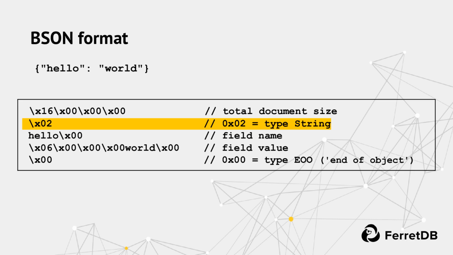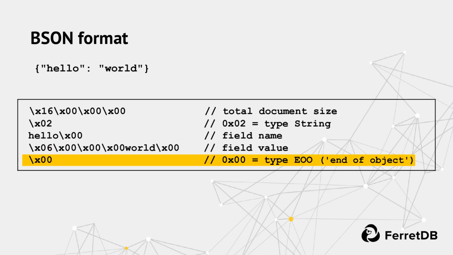In our case, it's string. Then we know the name of the field, the value of the field, and then we have another special symbol that says that the object is over. So it's like end of object. On one hand, it might look a little bit complicated. On the other hand, it's a very strict, very exact format, so it's possible to work with it.